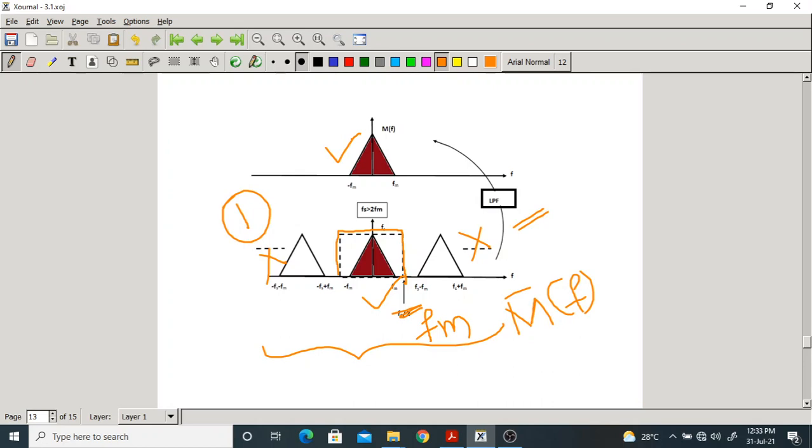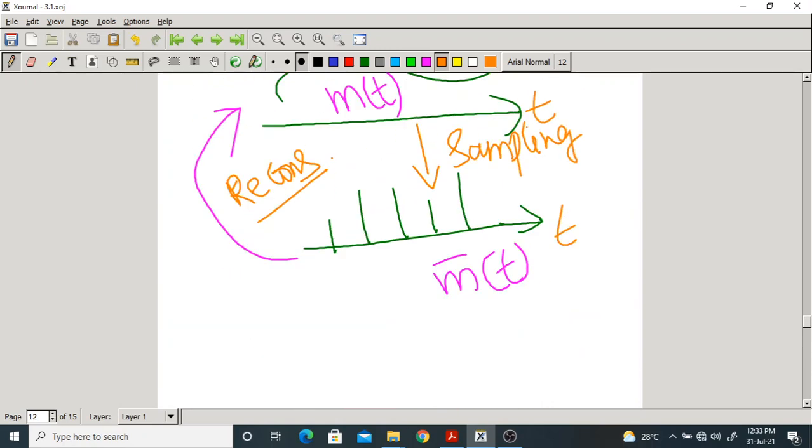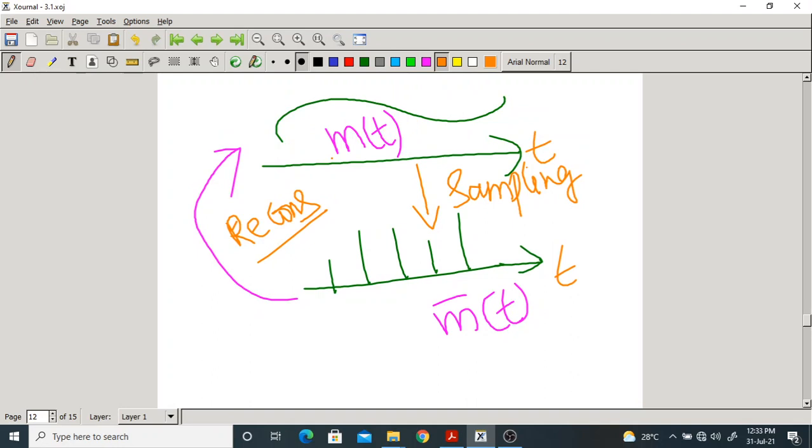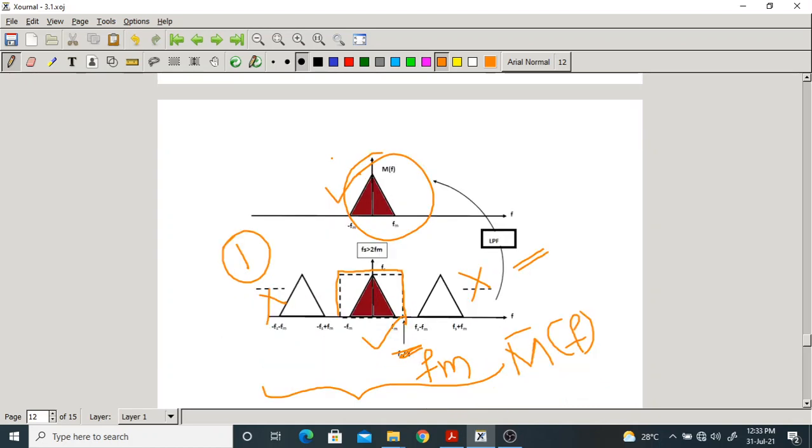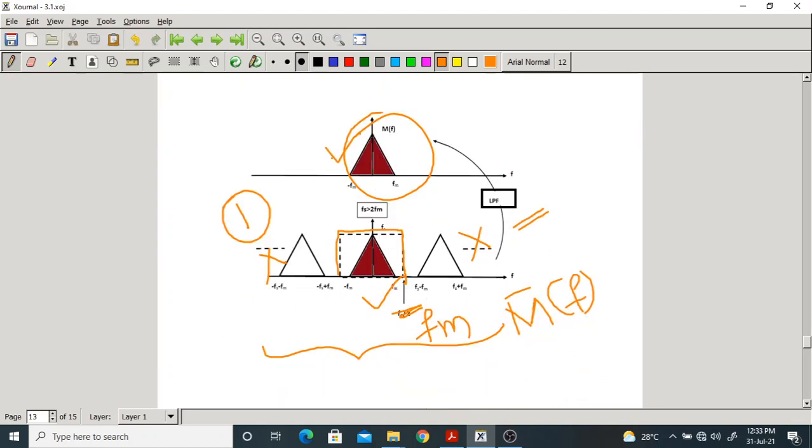All the replicas, all the copies are rejected, eliminated, only one copy is present, that is this. What is this? This is m of f. This is in frequency domain, that is in time domain. Whether you do analysis in frequency or time domain, both are the same. So the reconstruction or interleaving is possible with a low pass filter.